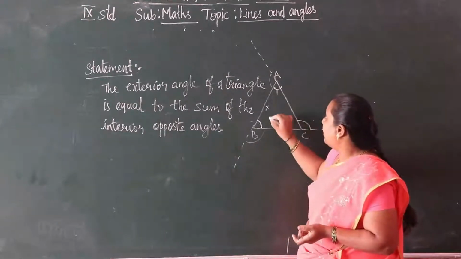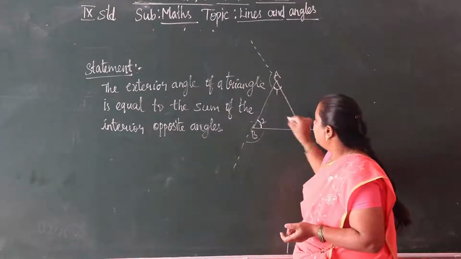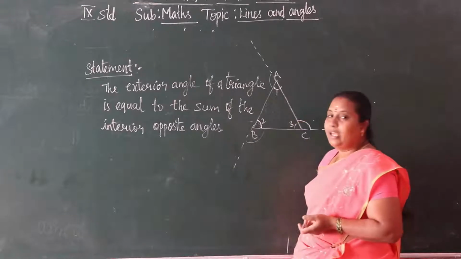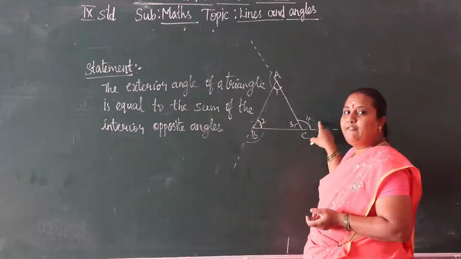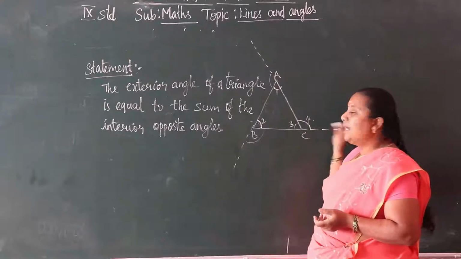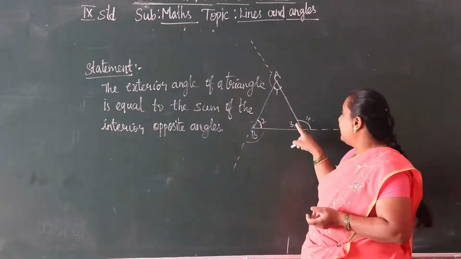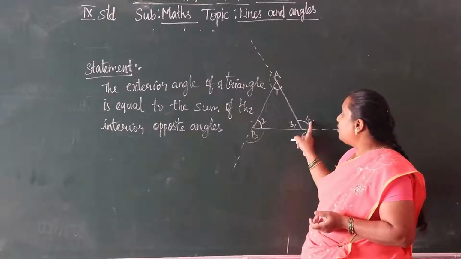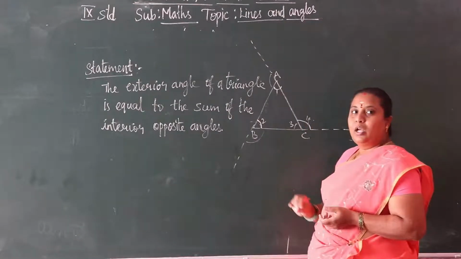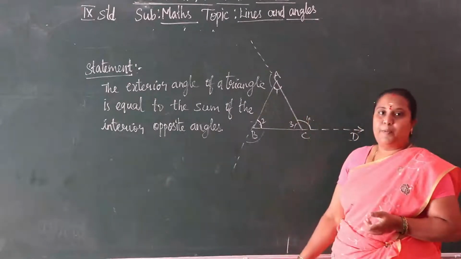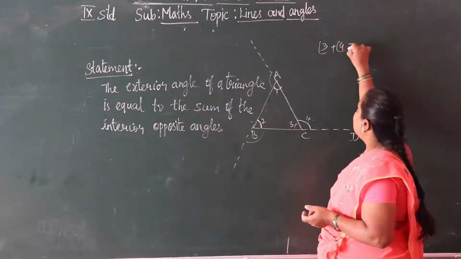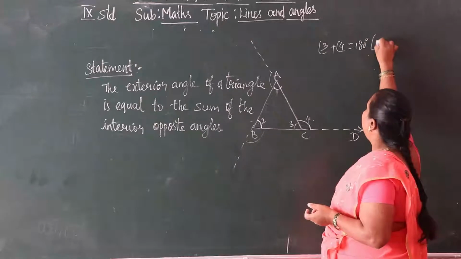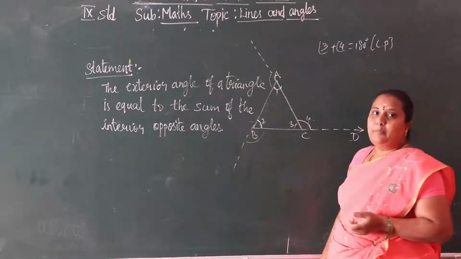See this equation: angle 1, angle 2 and angle 3, you know. Angle 3 plus angle 4 equals 180 degrees by linear pair.